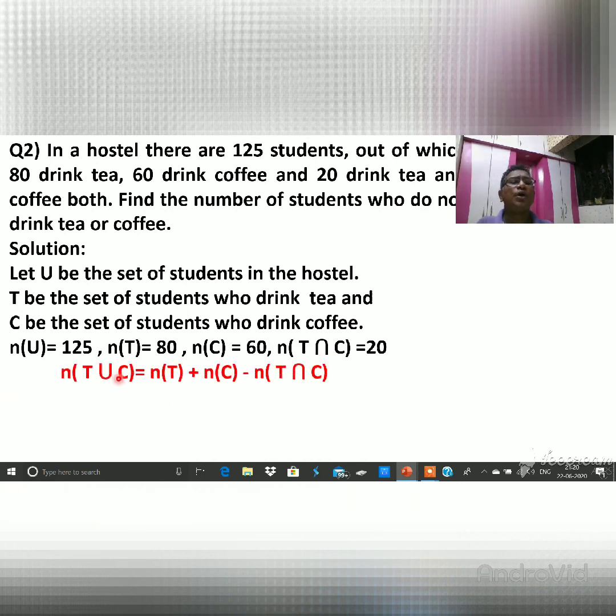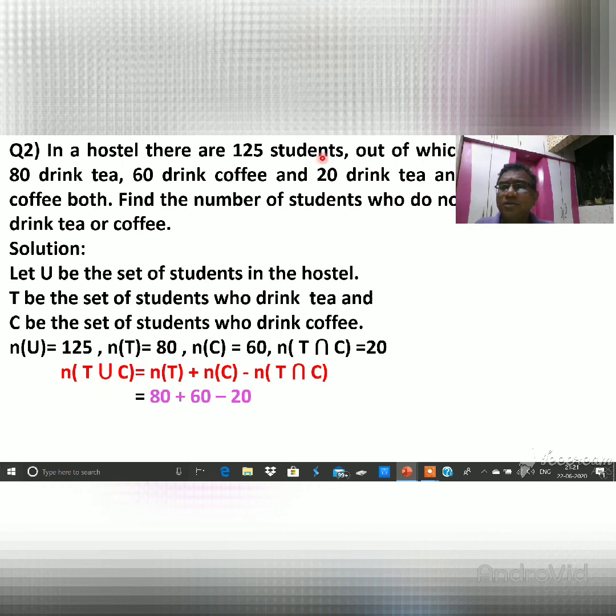The number of T union C is equal to the number of T plus the number of C minus the number of T intersection C. In this formula you substitute the values. T union C means some drink tea, some drink coffee. That is the union of the students.